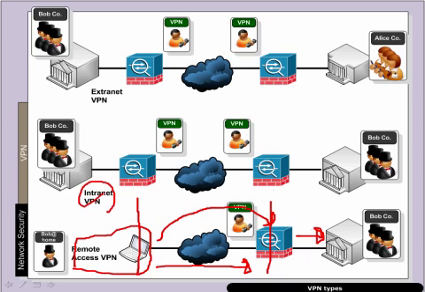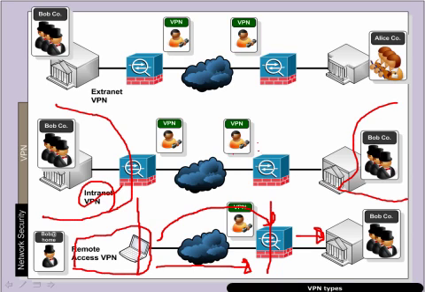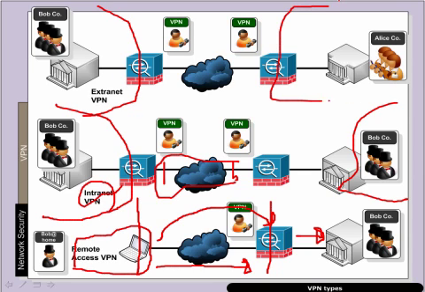We can have an intranet VPN where we might have two corporate sites, and then they are connected through the public network through a VPN tunnel. And then we might have an extranet where we have two companies connecting over our VPN connection.